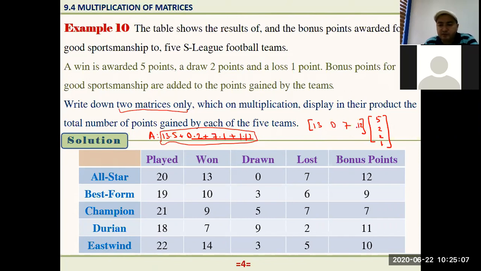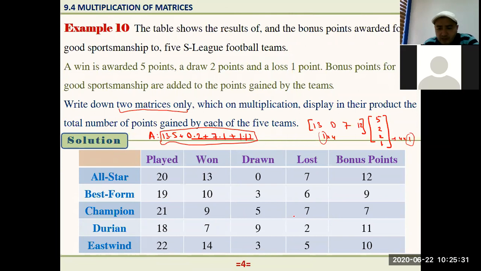In the first lesson we learned how to multiply a row matrix by a column matrix. As you see, this one is a 1 by 4 matrix, and this one is a 4 by 1 matrix. The result will be a 1 by 1 matrix. That result will be the total score, or total points earned, by All-Star.